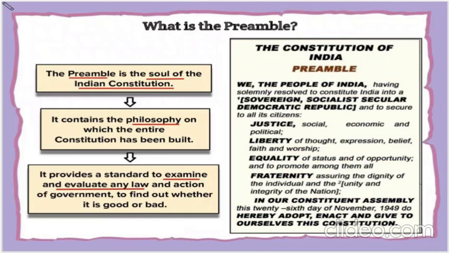We, the people of India, having solemnly resolved to constitute India into a sovereign, socialist, secular, democratic republic, and to secure to all its citizens justice, social, economic, and political, liberty of thought, expression, belief, faith, and worship, equality of status and of opportunity, and to promote among them all fraternity, assuring the dignity of the individual and the unity and integrity of the nation.